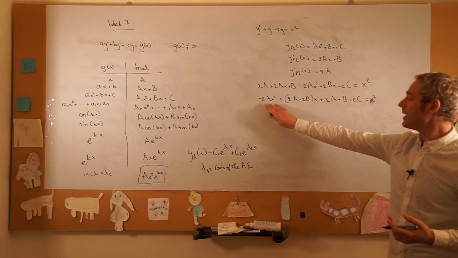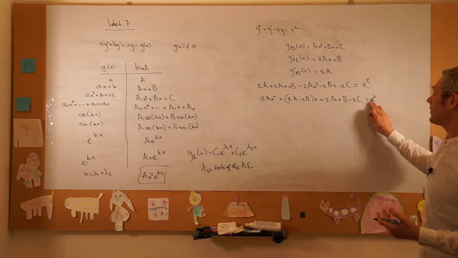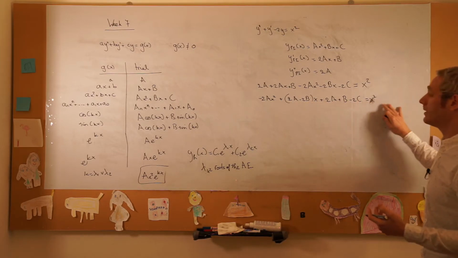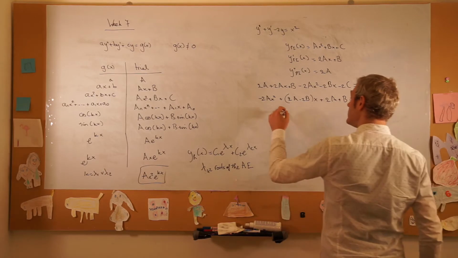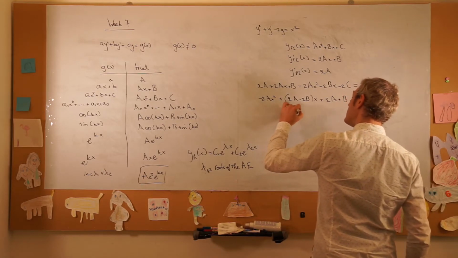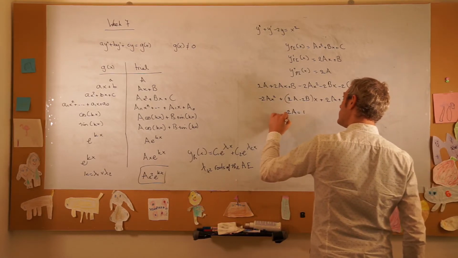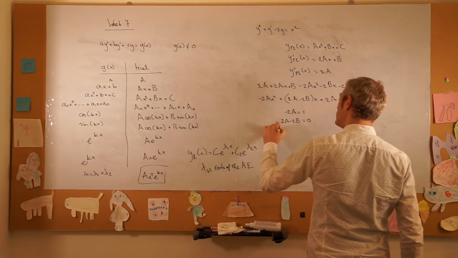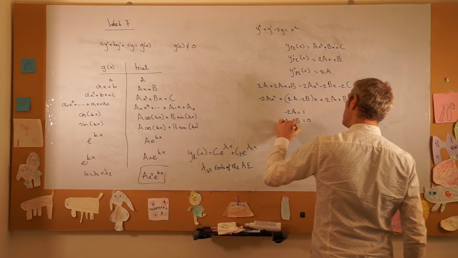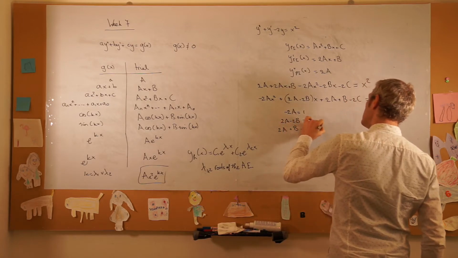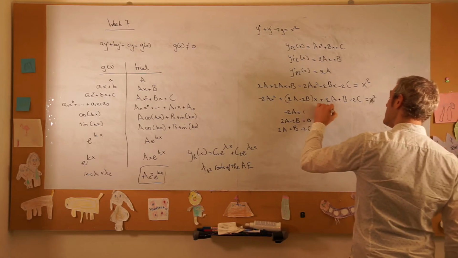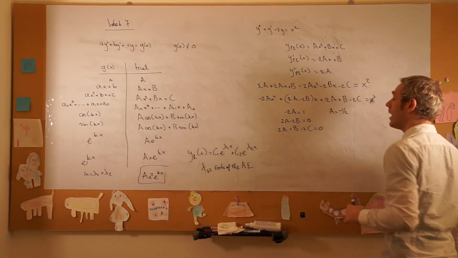So I'm going to match the x squared terms left and right, the x terms left and right, and the constant terms left and right. I am left with three equations. Minus 2a is equal to 1, 2a minus 2b is equal to 0, and 2a plus b minus 2c is equal to 0.